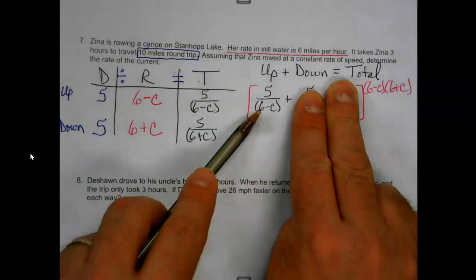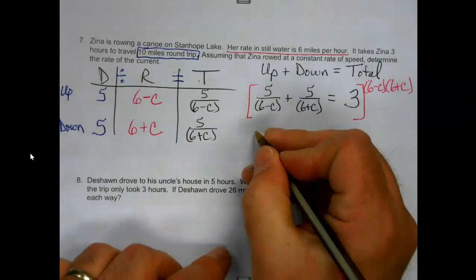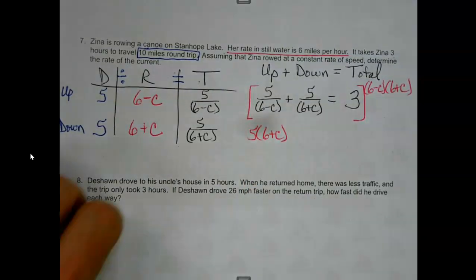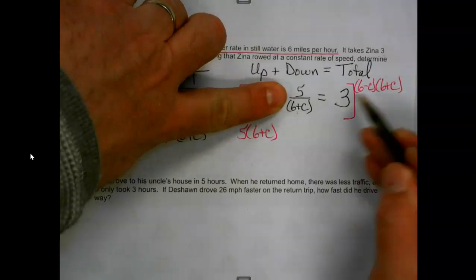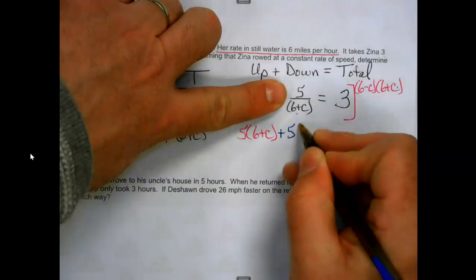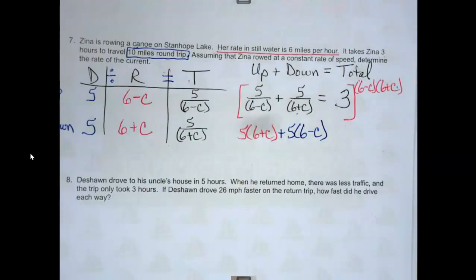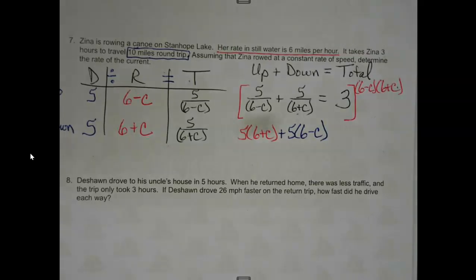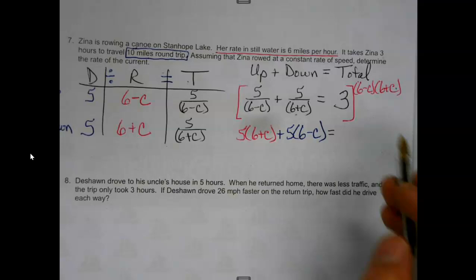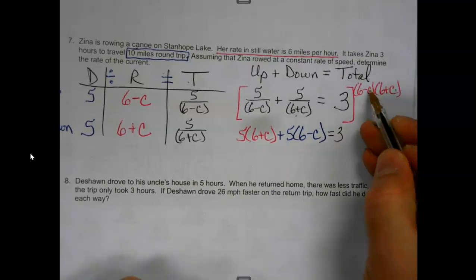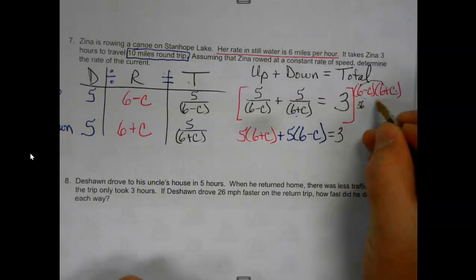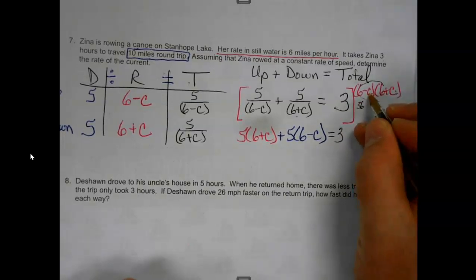The 6 minus c's cancel, so we're left with a 6 plus c. When I get to my middle fraction, the 6 plus c's cancel. I am left with a 6 minus c. And then here on the end, I'm going to do my multiplying ahead of time. If I multiply this out, I get 36, and plus 6c and minus 6c are going to cancel.